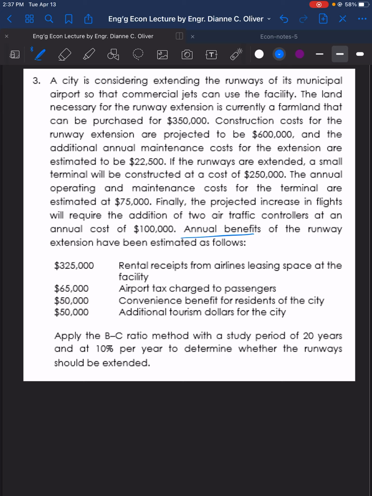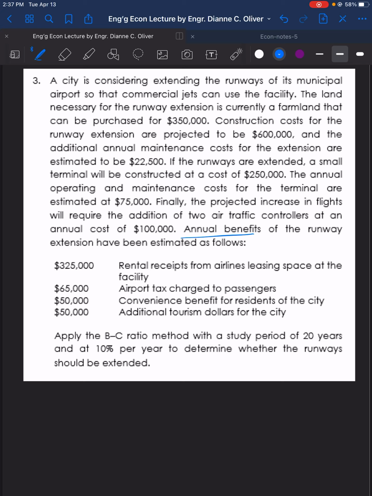So we have $325,000 rental receipts from airlines leasing space at the facility. $65,000 for airport tax charged to passengers. $50,000 convenience benefit for residents of the city.